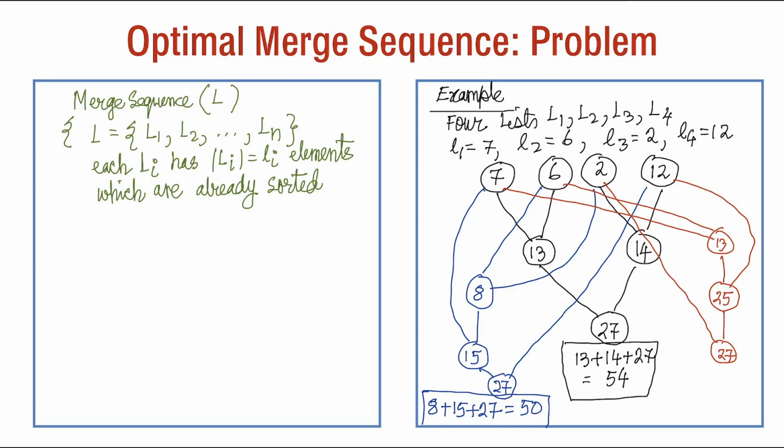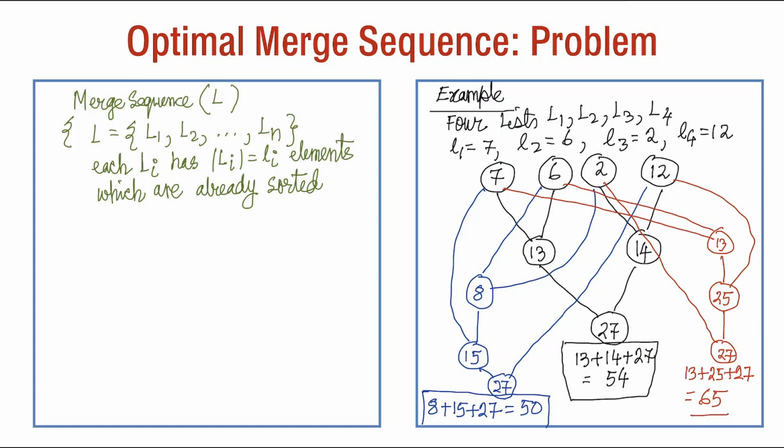So the total computation here is 13 plus 25 plus 27, which yields us another value, 65 computations.